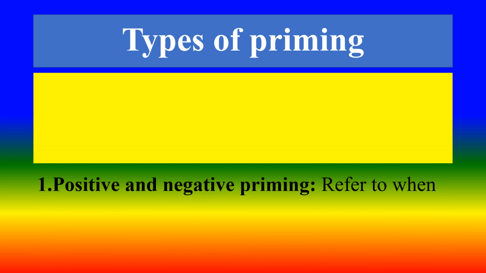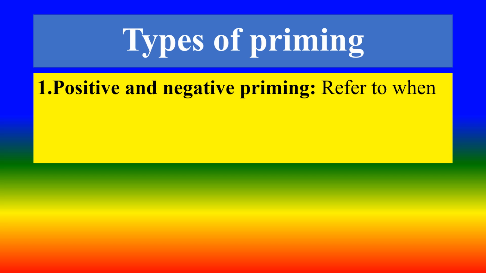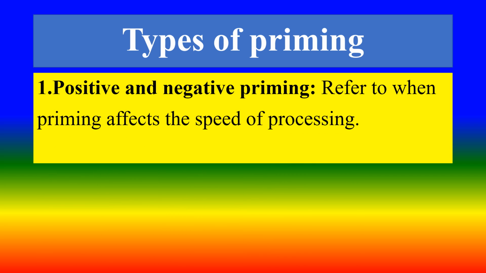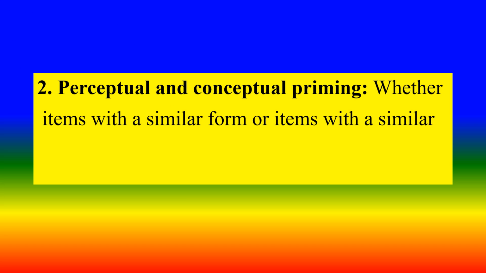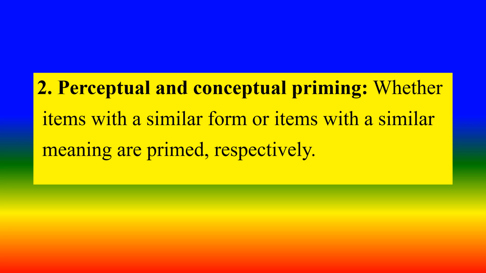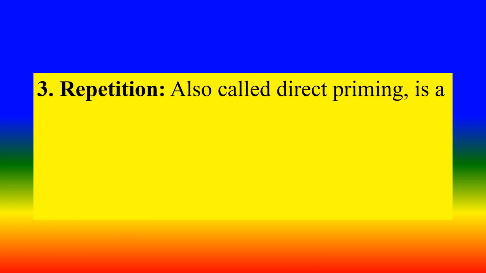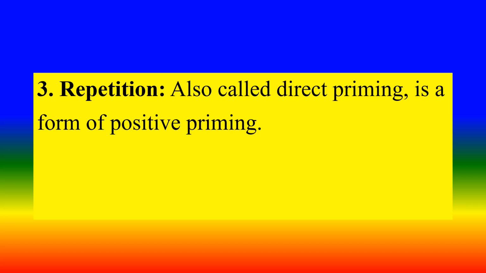Types of priming. First, positive and negative priming refers to when priming affects the speed of processing. Two, perceptual and conceptual priming: whether items with a similar form or items with a similar meaning are primed, respectively. Three, repetition, also called direct priming, is a form of positive priming.